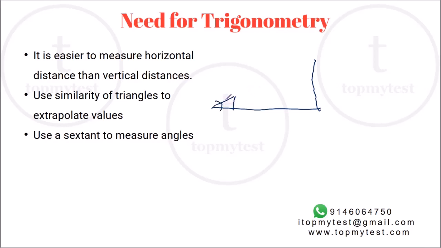If I know the angle, and I calculate x by y, that will be the ratio of height to distance. And you can measure the angle using a device called a sextant. So basically the entire concept of trigonometry is based on similar triangles and the fact that it's easier to measure distance horizontally than vertically.